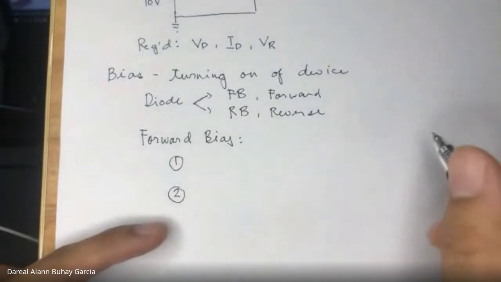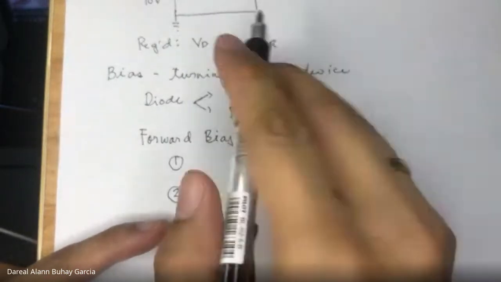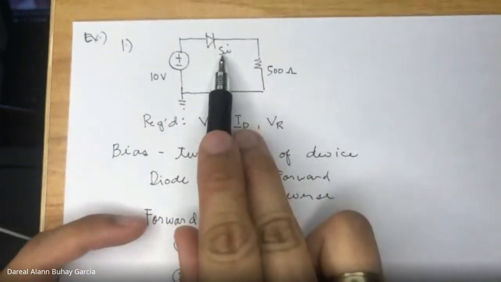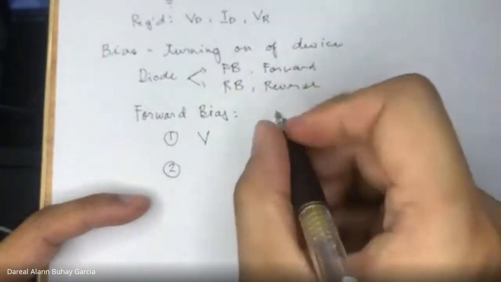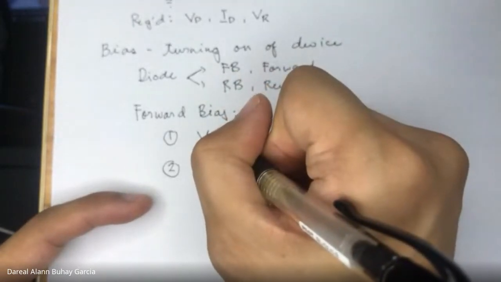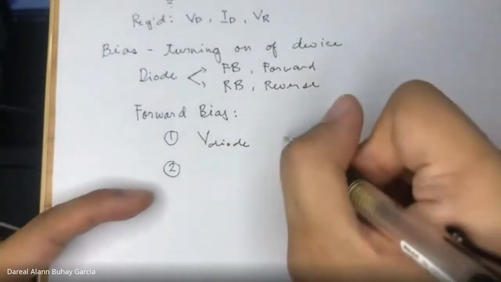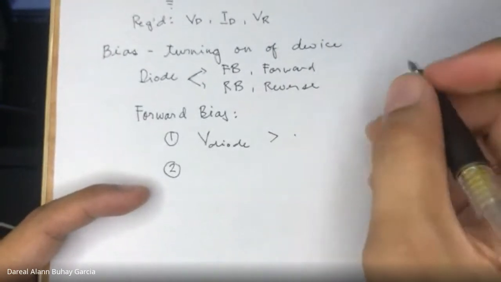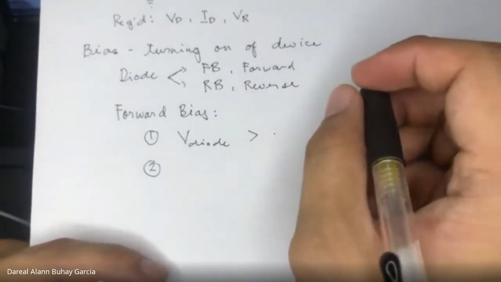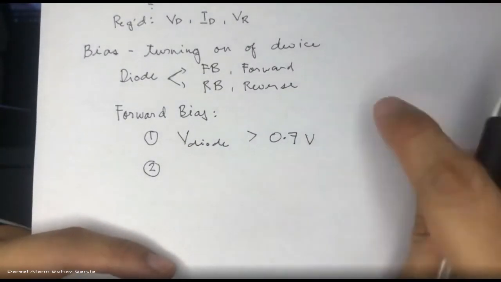First condition, if it is silicon, the voltage drop of the diode should be greater than 0.7 volts. If germanium, greater than 0.3. Is my voice clear? Okay, thank you.